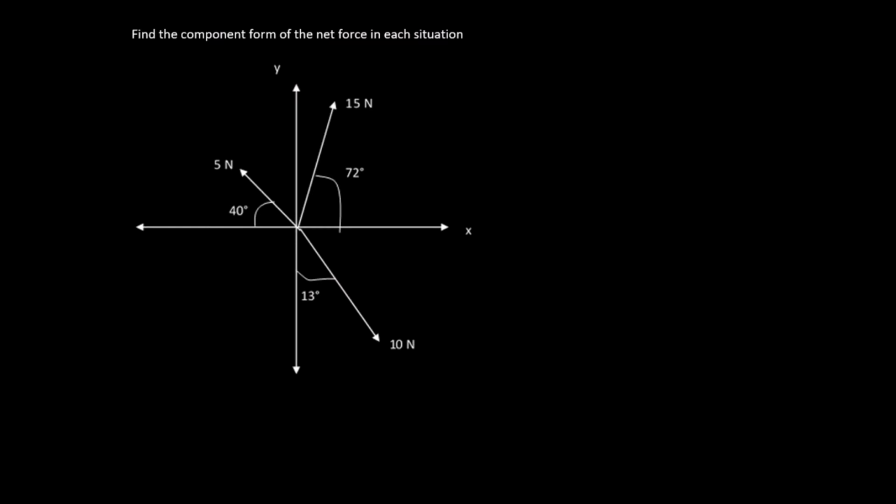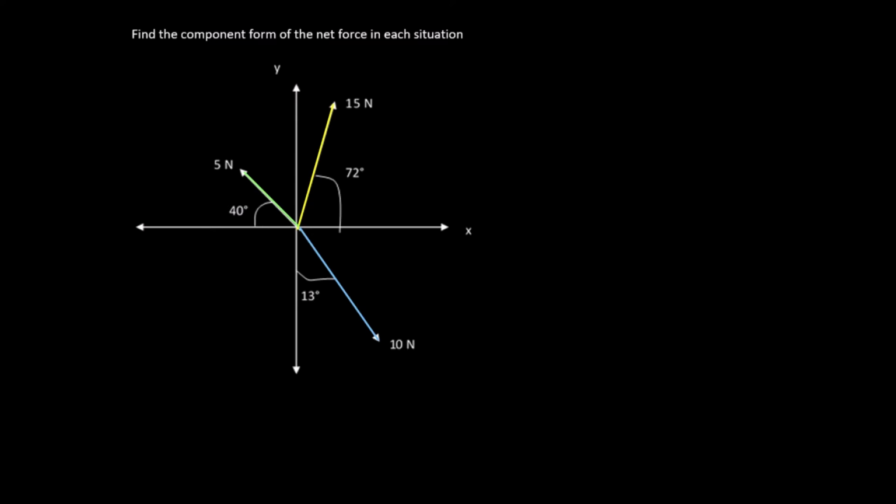So hopefully you've tried the problem, maybe you got stuck, but I'm going to go ahead and start giving you guys little hints. As you start to realize things, please pause it and try to figure it out. So I know in order to add vectors, I need to find the component form of each part. So I'm going to go ahead and give some color coding to this. I've got a yellow vector, a green vector, and a blue vector. So this is how I'm going to determine them.